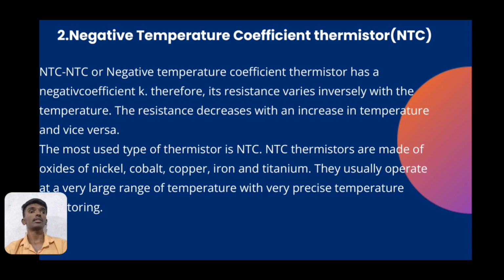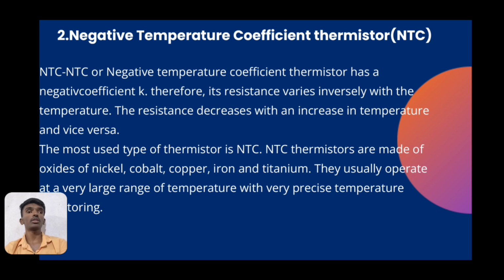An NTC, or negative temperature coefficient thermistor, has a negative coefficient K. Therefore, its resistance varies inversely with the temperature. The resistance decreases with an increase in the temperature and vice versa.